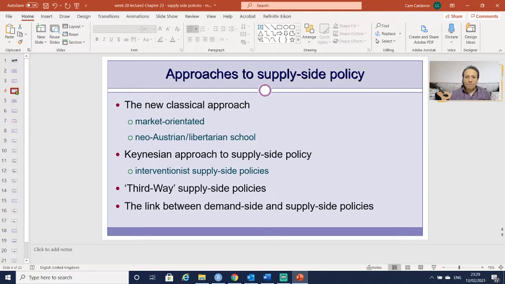Among the new classical approach to supply side policies, we have market-oriented policies, policies that try to free up the markets. So we have here the neo-Austrian libertarian school.